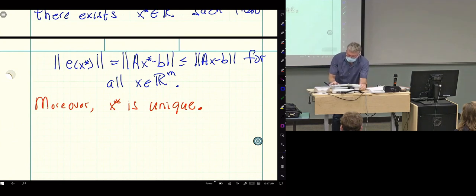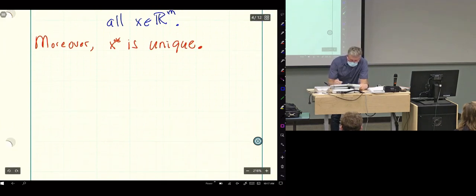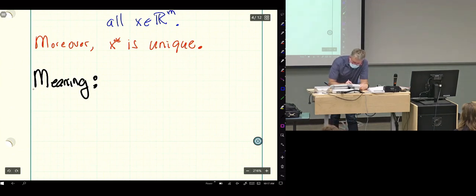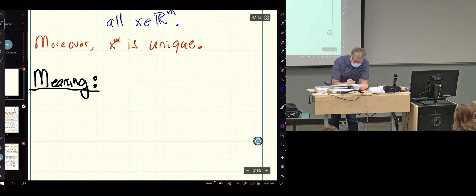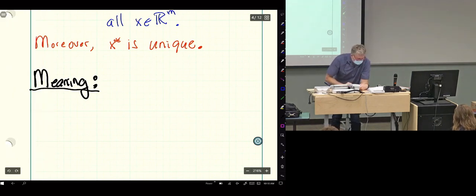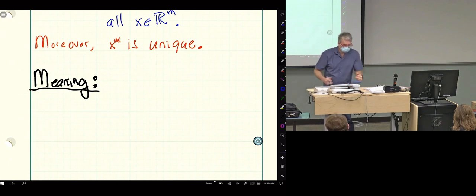So let's make sure we've got what this means, okay? So meaning, and I'm going to introduce you to some of the most powerful notation in all of engineering coming up here.